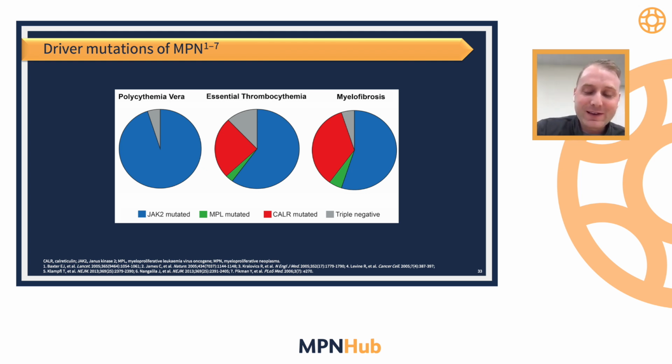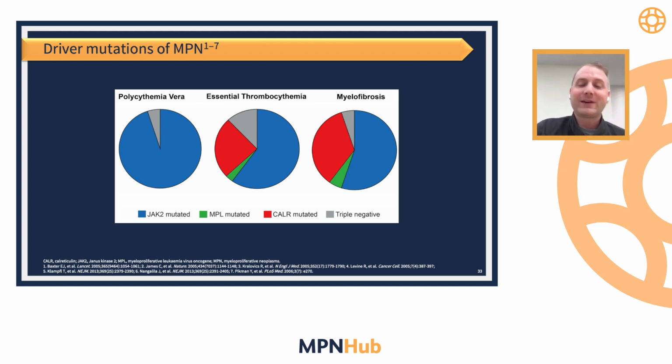So we know that we have different flavors or subtypes of MPN disease, namely polycythemia vera, essential thrombocythemia, and primary myelofibrosis. And these diseases are very different. PV is characterized, and I know that everybody of you is aware of that, by more red blood cells. ET is characterized by more platelets, and PMF is characterized by more stroma in the bone marrow.